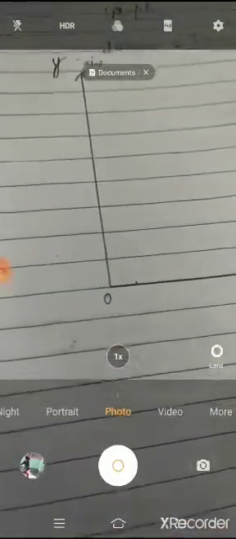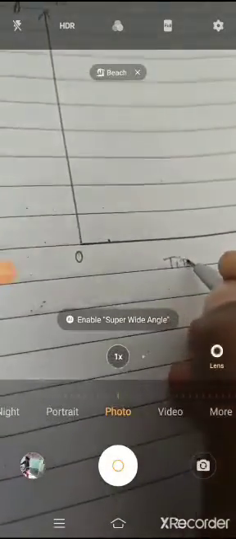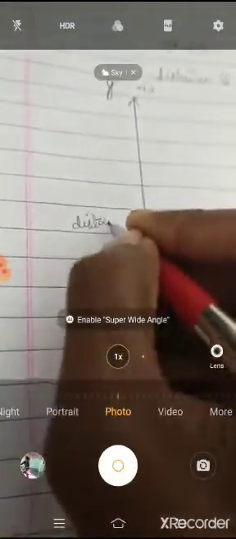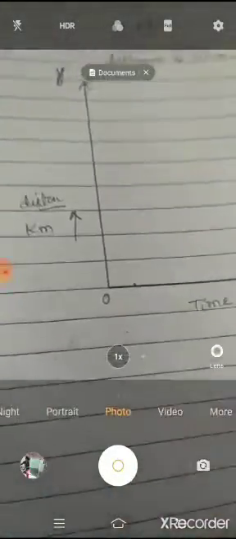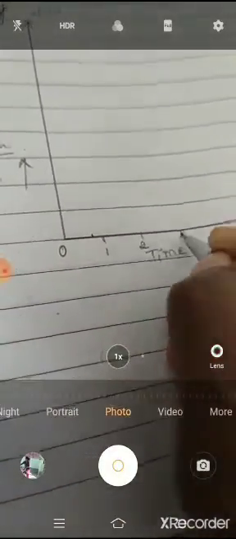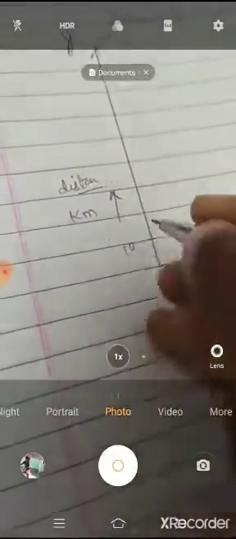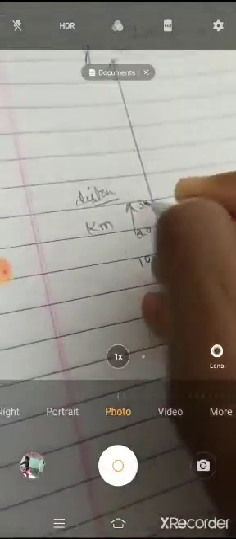Along the x-axis, we'll take the time covered by the vehicle, and the distance traveled in kilometers on the y-axis. For example, for the time, if it is first hour, second hour, third, fourth and fifth, the distance covered is 10 km, 20 km, 30, 40, 50, 60 and so on.